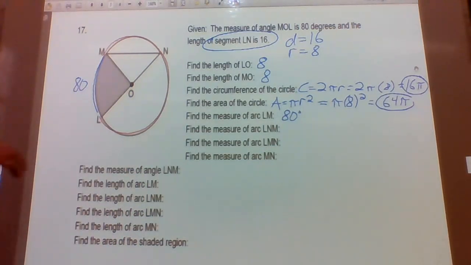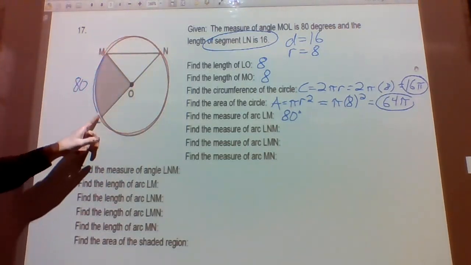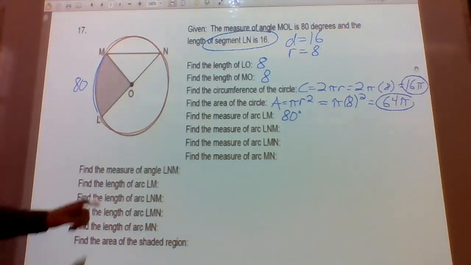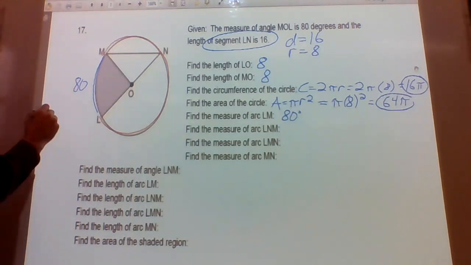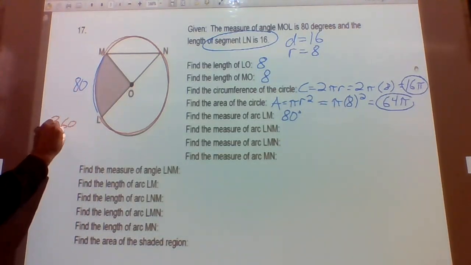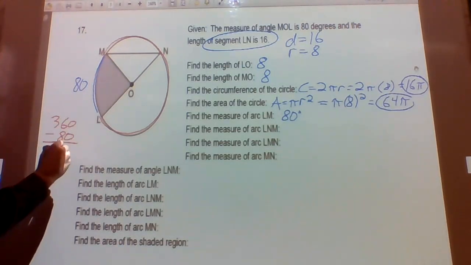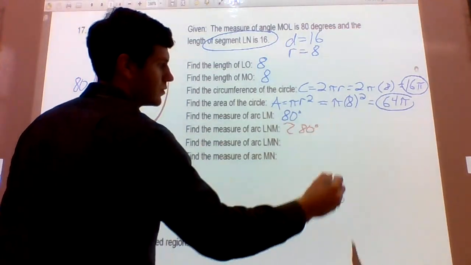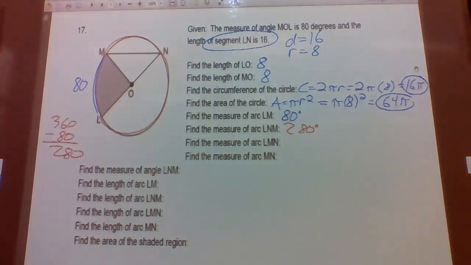The easiest way is we notice the entire circle is 360 degrees. So 360 minus 80 is going to be 280. So it's 280 degrees. The measure of arc LMN.